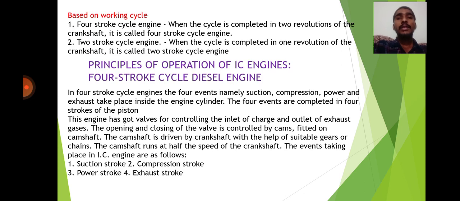Based on working cycle, there are two types: four-stroke cycle engine and two-stroke cycle engine. When the cycle is completed in two revolutions of a crankshaft, it is called four-stroke engine. When the cycle is completed in one revolution of crankshaft, it is called two-stroke cycle engine.